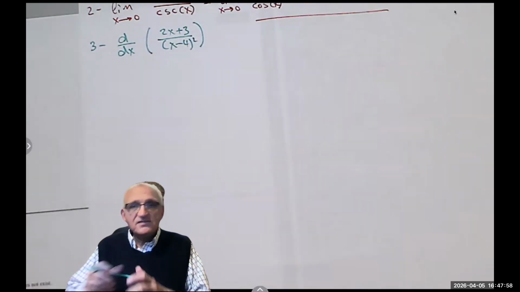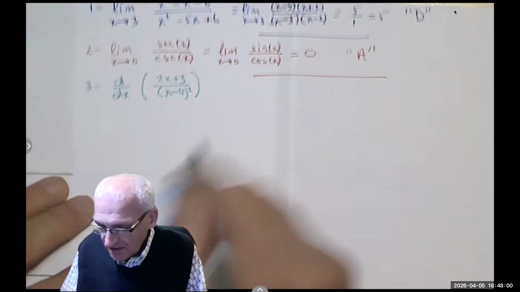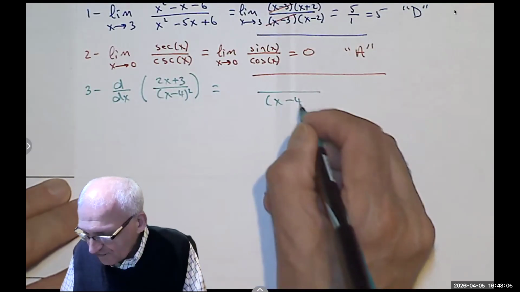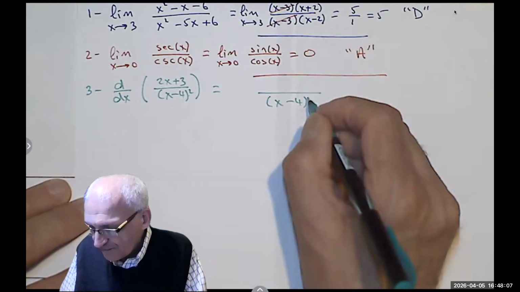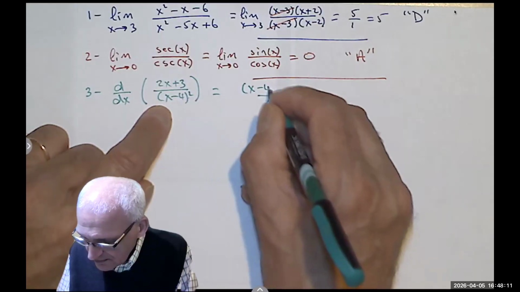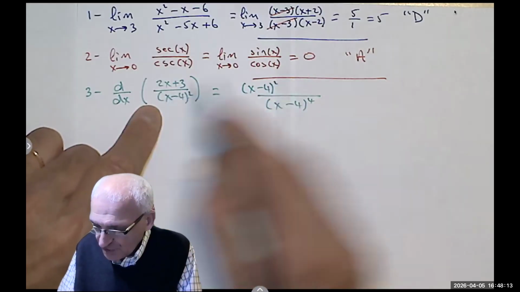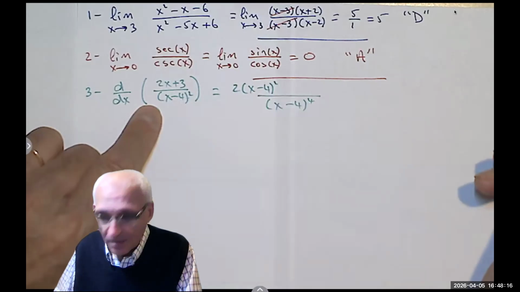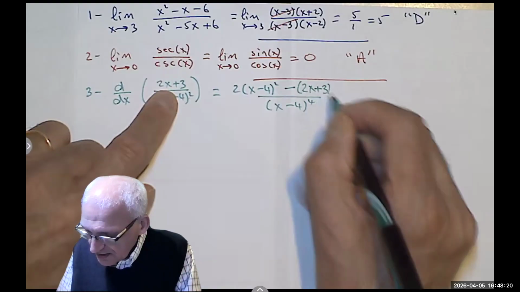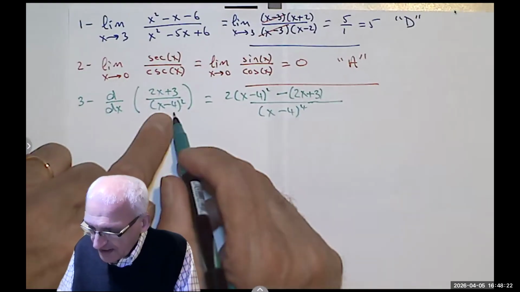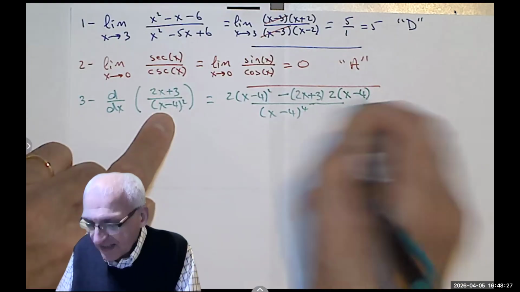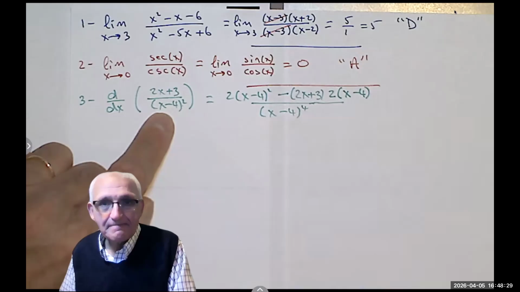We know that when you take the derivative of a quotient, you get the denominator squared, which is (x minus 4) squared, meaning to the 4. And then you take the denominator times the derivative of the numerator, which is just 2, minus the numerator times the derivative of the denominator, which is 2 times (x minus 4) times 1.